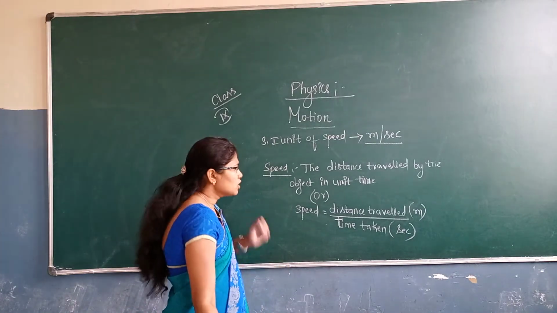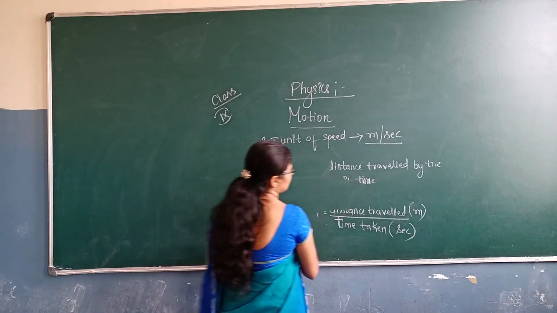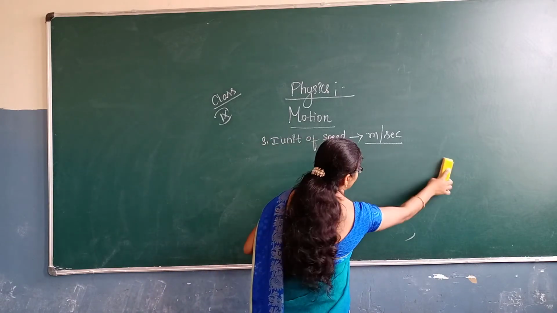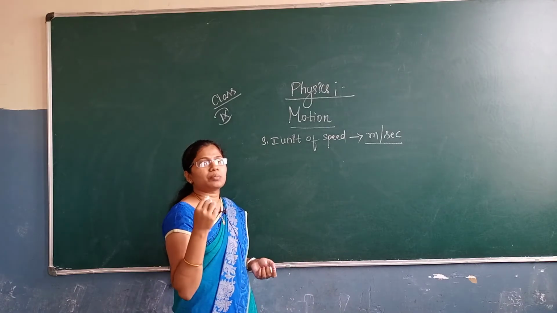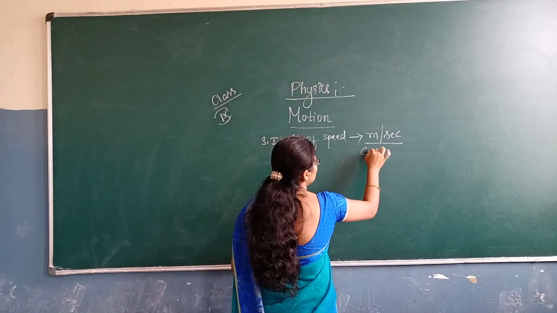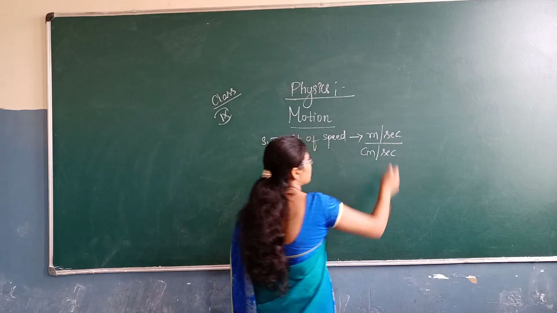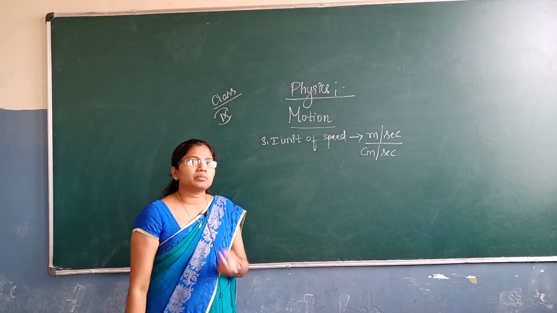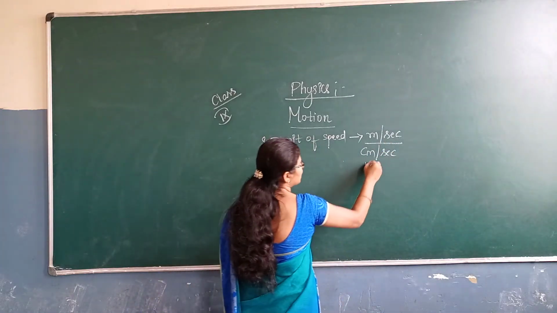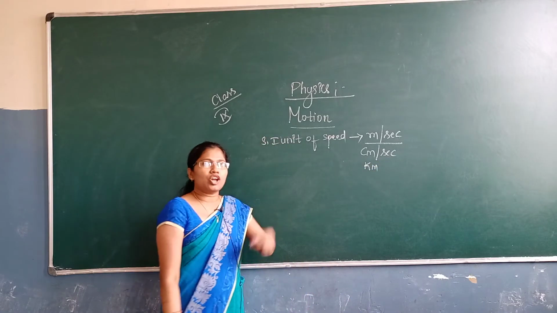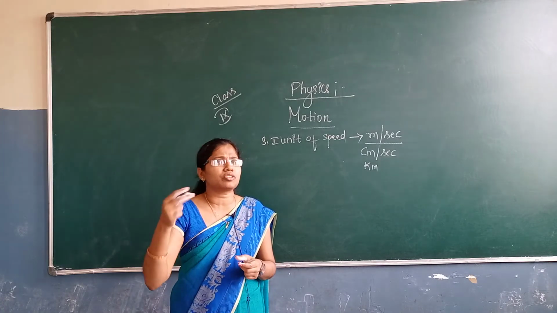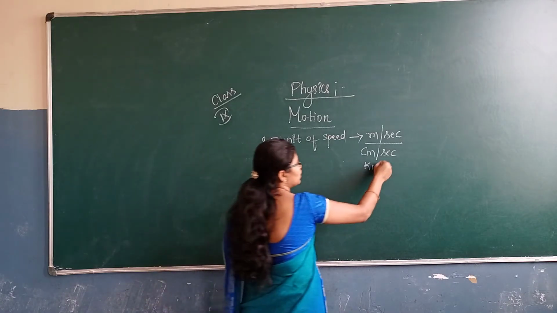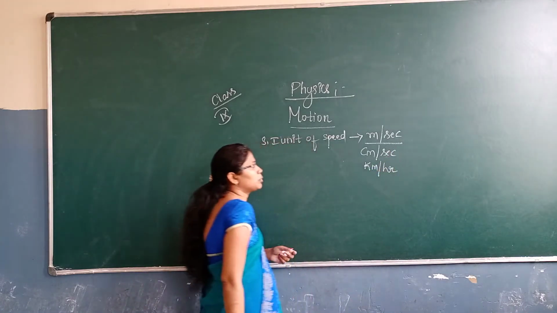Well, sometimes the distance will be in terms of centimeters. If the distance is given in centimeters, then the unit will become centimeter per second. Sometimes the distance will be in kilometers. When it is in kilometers, we cannot take the time in seconds, so it will be in hours.